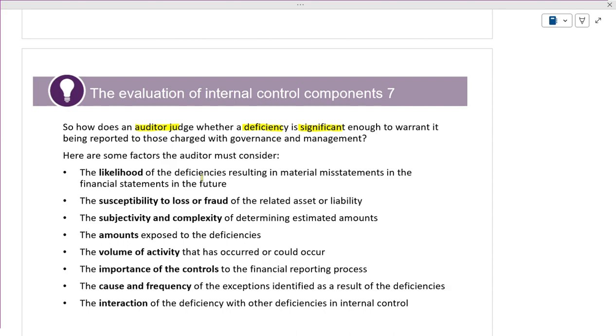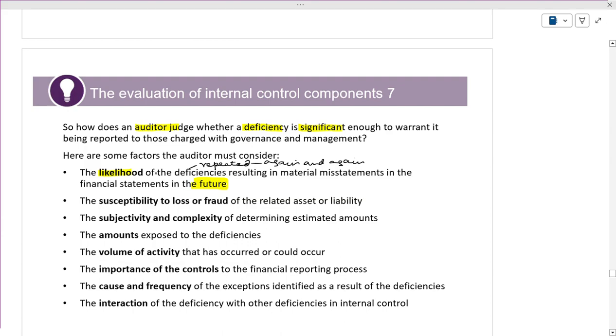Here are some of the factors. The likelihood of the deficiency resulting in material misstatements in the financial statements in the future. Likelihood means it is going to be repeated again and again.